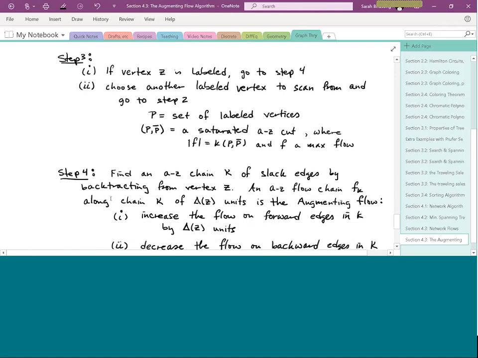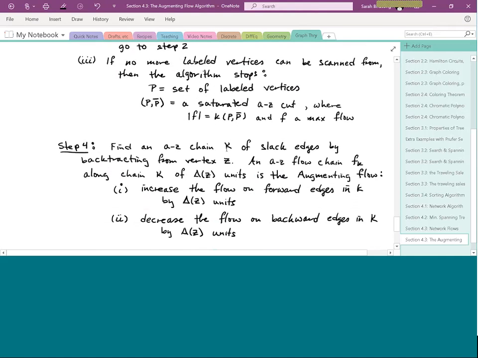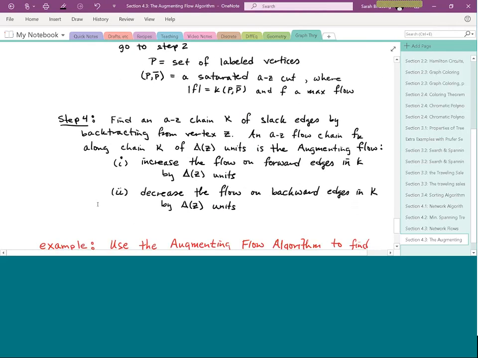And step 4 shows you how to build an AZ chain K. You basically track labels, and I'll show you how to do that. And those tracked labels are actually going to show you which edges in your originally given flow are going to have their flows either increase, where you're going to be able to push more flow through, or decrease if you really shouldn't have put that much flow on that edge and you need to move it to a different edge.